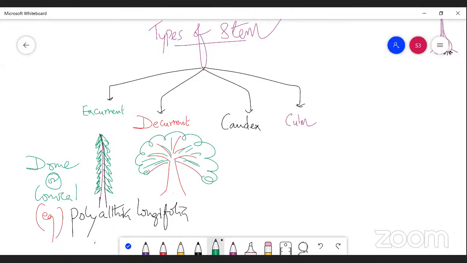This type of stem is found in Mangifera indica, Tamarindus indica, and one more, Azadirachta indica.